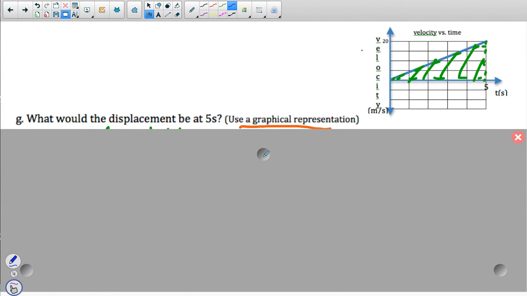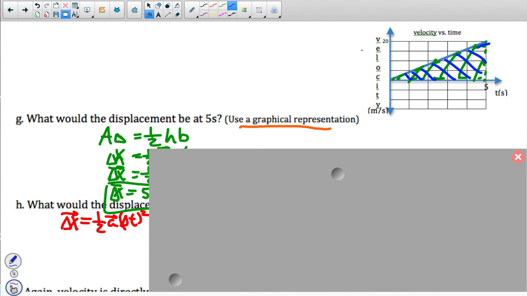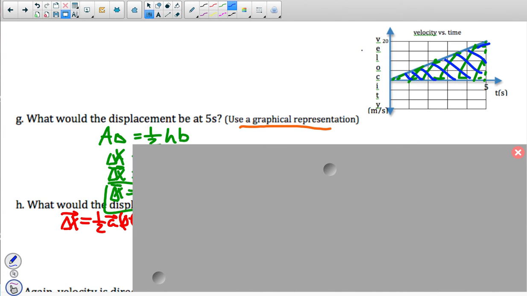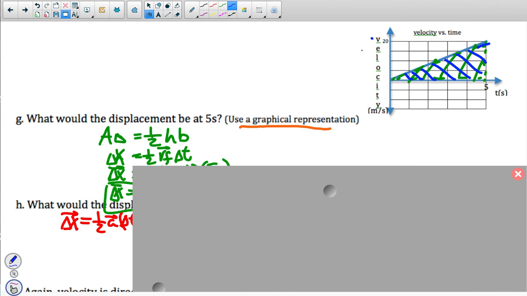As we continue, we'd move on to letter G. It says use a graphical representation to find the displacement for the first 5 seconds. Now we know that the area under a velocity versus time graph is the displacement. This area happens to be a triangle, and the area of a triangle is 1/2 the height times the base. In this case, 1/2 the height of this triangle is our final velocity, or the velocity at 5 seconds.